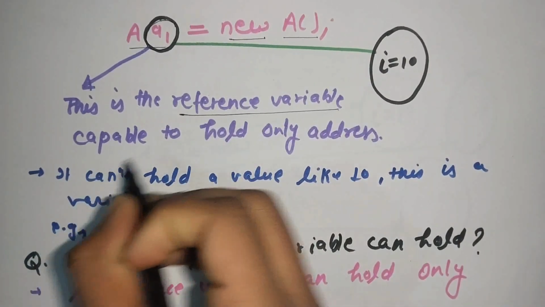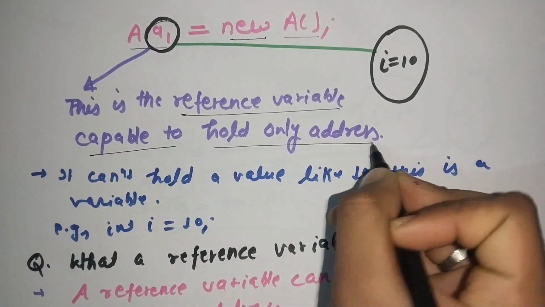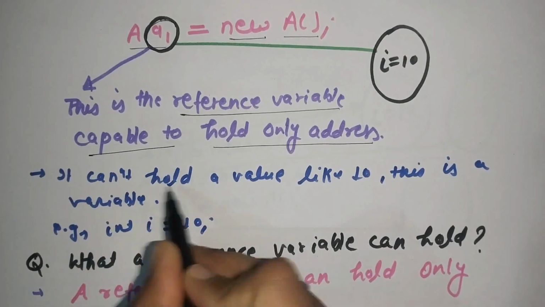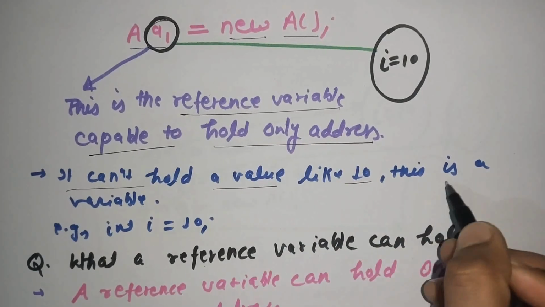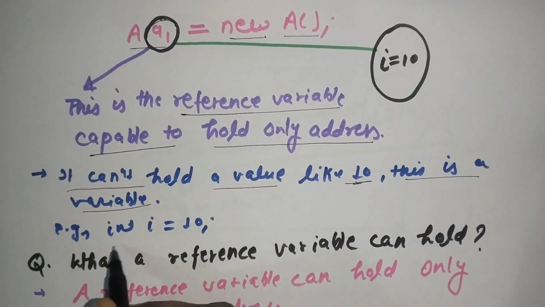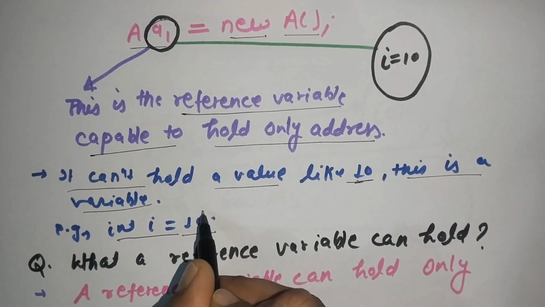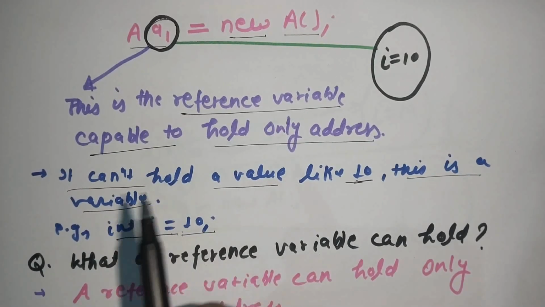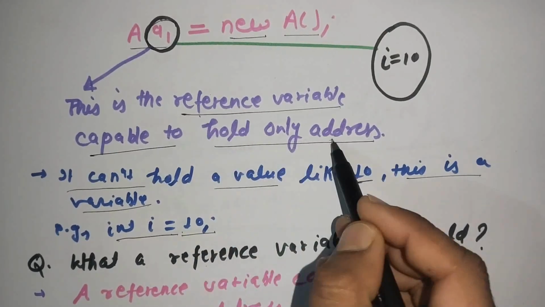What does a reference variable do? A reference variable is capable of holding only an address. It can't hold a value like 10. This is a variable: int I is equal to 10. In a reference variable, these values can't be stored. The job of the reference variable is only to hold an address.